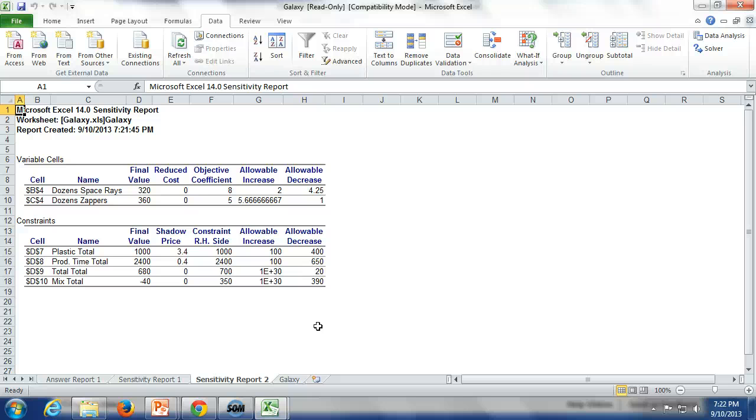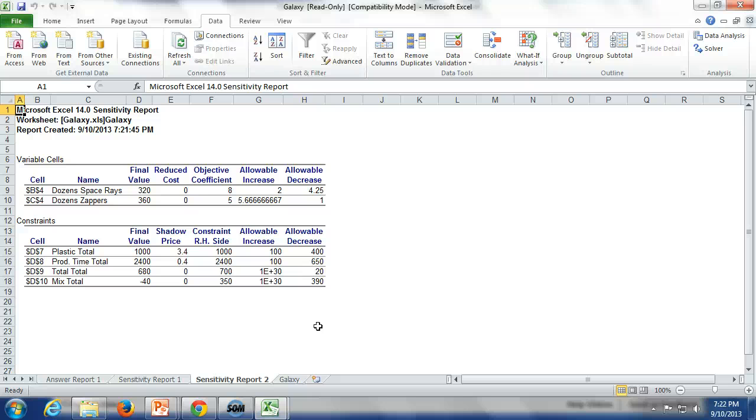The allowable increase is 100, so 2,500. The allowable decrease is 650, so that is 1,750. So anywhere between 1,750 and 2,500, I would get 40 cents up or 40 cents down for an extra unit of production time. Does that make sense? Those two things work together.